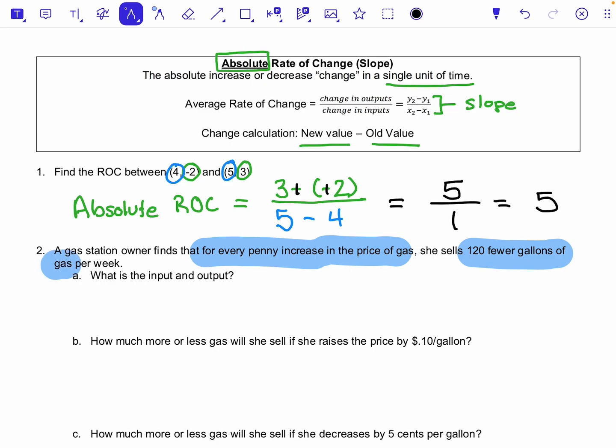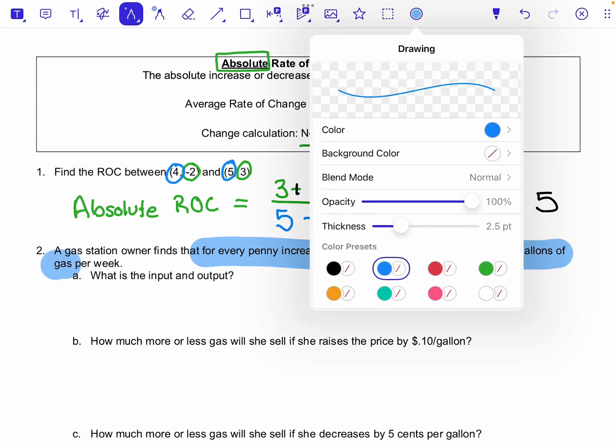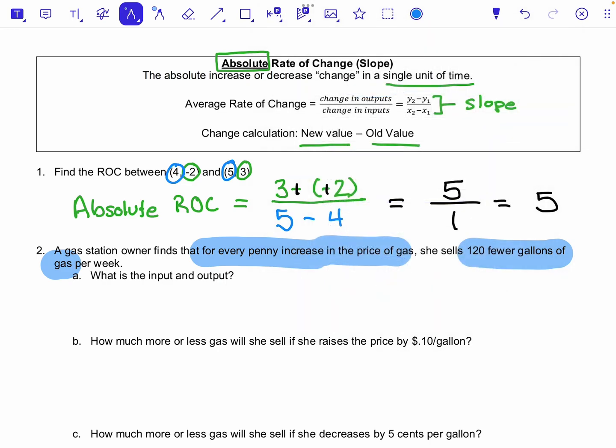If you're thinking about that in terms of a rate of change, it's important to think about the inputs and the outputs. The inputs is what you're setting the increase of. So it's every penny increase in the price of gas. So our input here is actually the price of gas. And if you notice, it says for every penny increase.